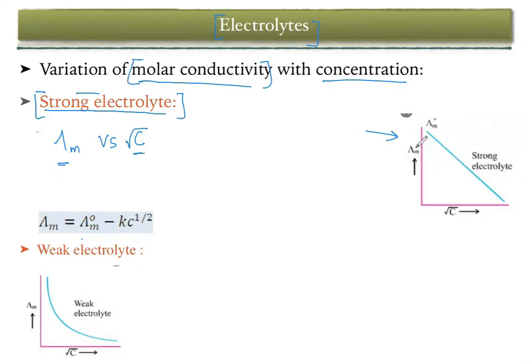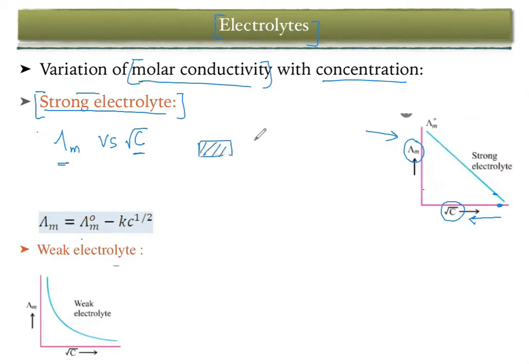As we see in the molar conductivity and concentration graph, when the concentration is very high, the molar conductivity is very low, whereas if we decrease the concentration, the molar conductivity will increase. How is that possible? Let us take one electrolyte here.